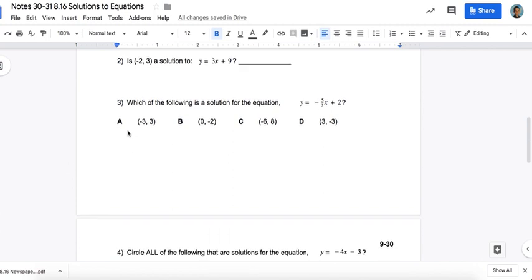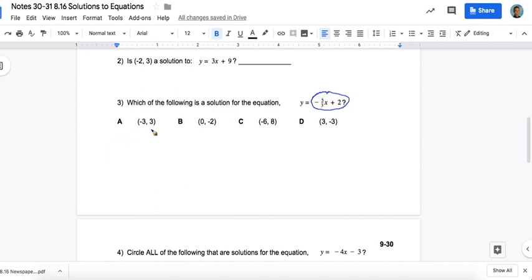So what we can do is, I'm not going to show my work for these, but I'm going to calculate what the y value would be. For this one, the rule is negative 5/3 times x plus 2.